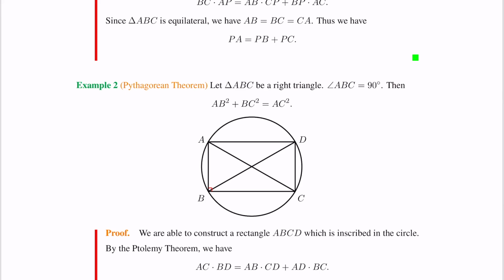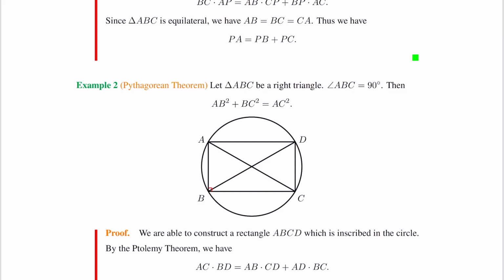Okay, an even more trivial application is that Ptolemy's theorem is actually equivalent to the Pythagorean theorem. In this case, we just need to extend the right triangle to be a rectangle. So if we have a rectangle ABCD, Ptolemy's theorem says AC times BD is AB times CD plus AD times BC.